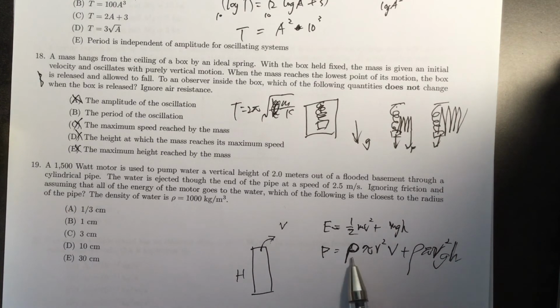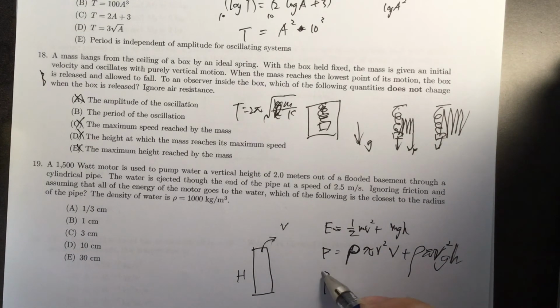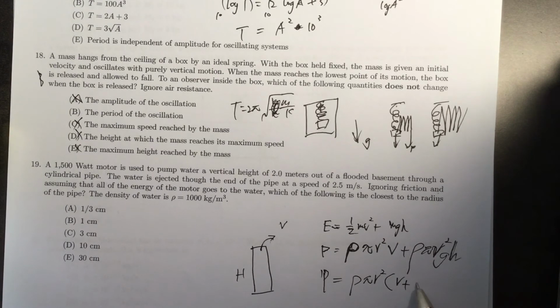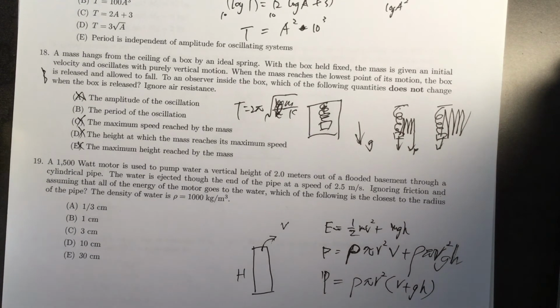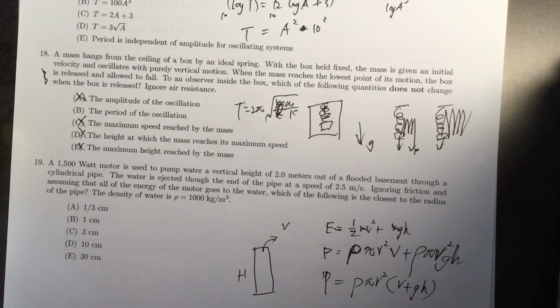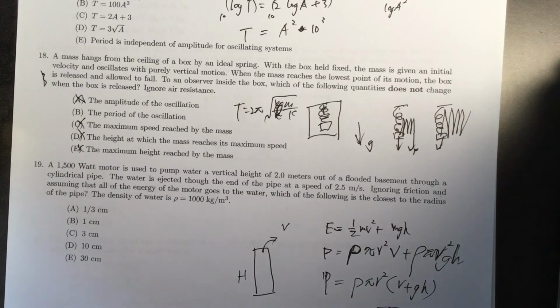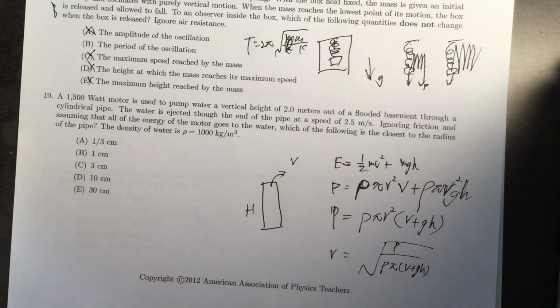So now we have this equation here. Let's solve for r. Simplify it a little bit more: P is equal to rho times pi times r squared times (v squared over 2 plus gh). So r is equal to the square root of P over rho pi times (v plus gh). Right? This is right? Okay.